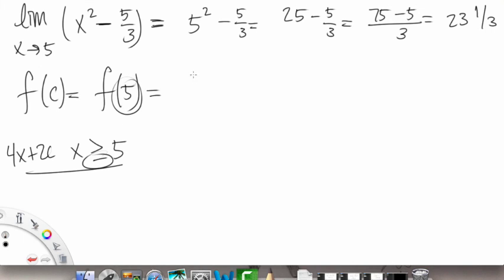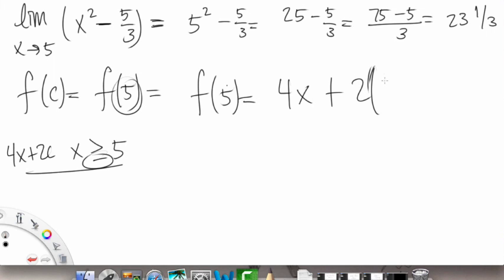So that's going to be f of 5, so that's 4x plus 2c, and we figured out that our constant c, sorry there are so many c's going on, whoever made this problem used the wrong constant letter, we should use like a k or something.